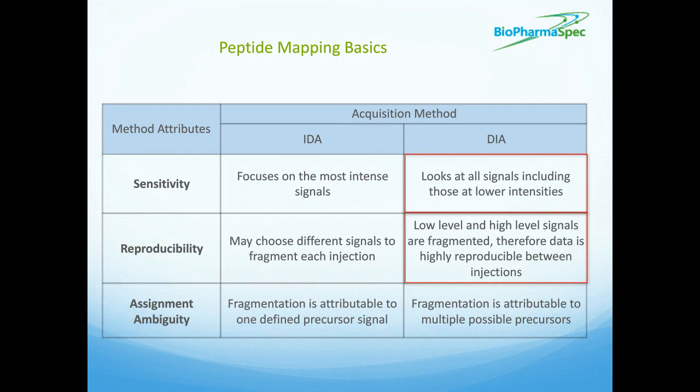Now, for assignment ambiguity, the data-dependent method is superior because fragmentation is attributable to one defined precursor signal. This is important for our host cell protein analysis, especially for our library building step, which we will discuss further in a few slides.